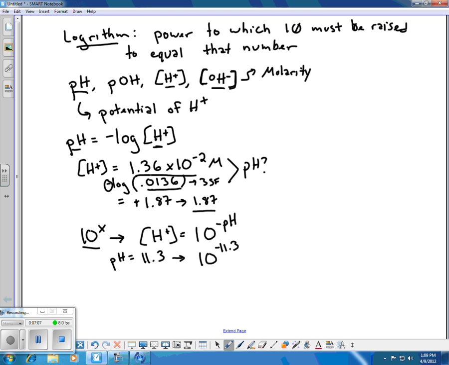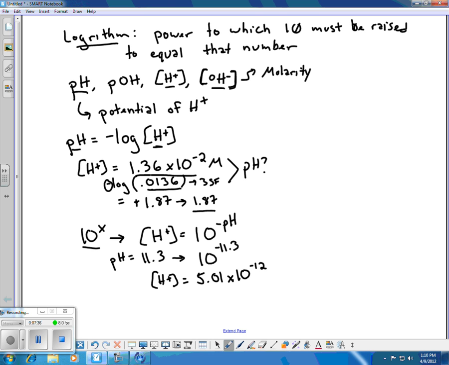So let's plug that in now. So plug that in, and it looks like our H plus concentration is going to be equal to 5.01 times 10 to the negative 12th.